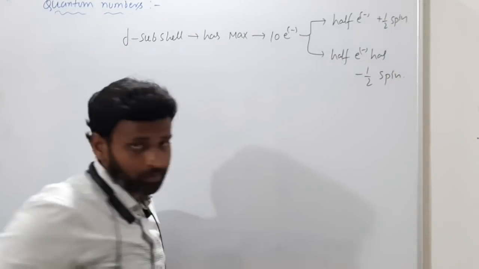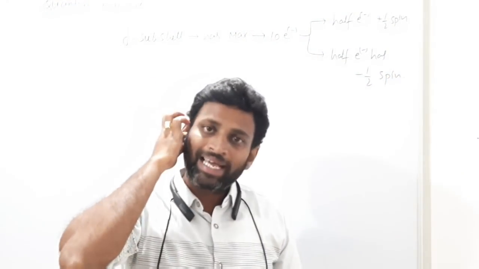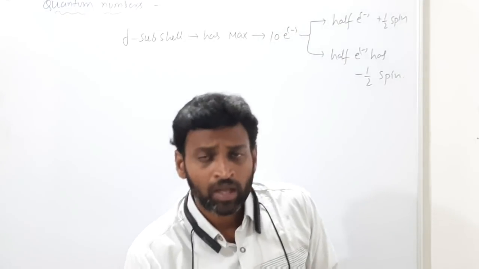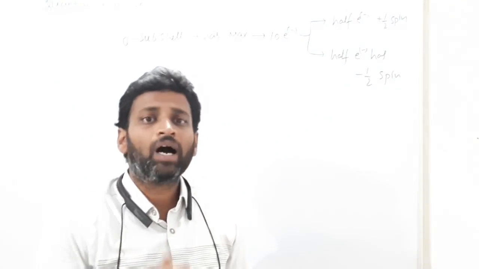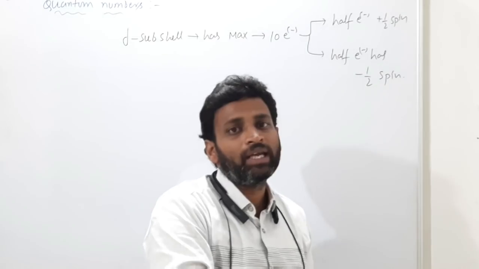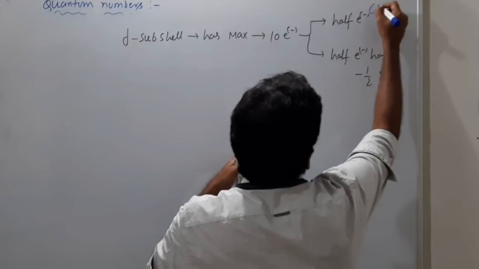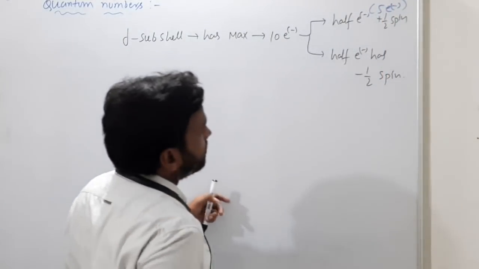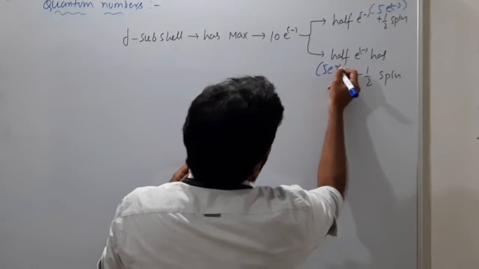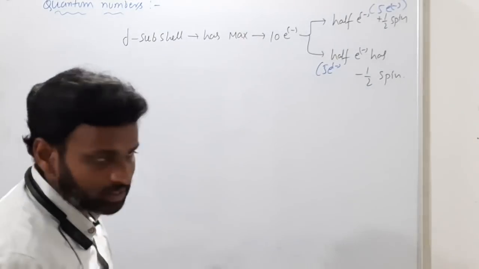So among 10 electrons, 5 are in clockwise direction and 5 are in anti-clockwise direction.